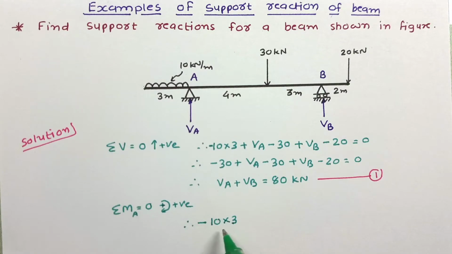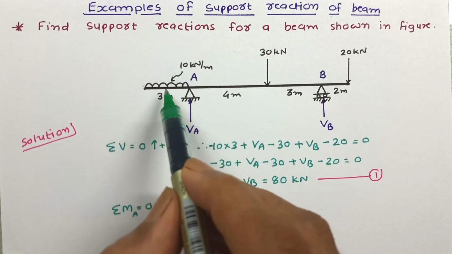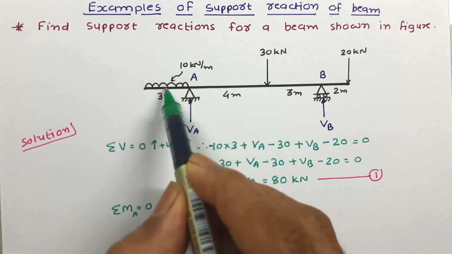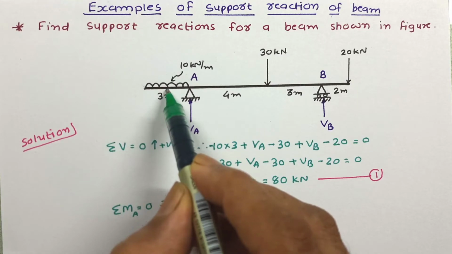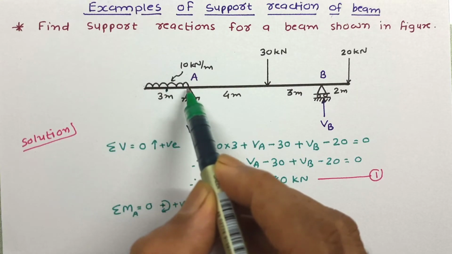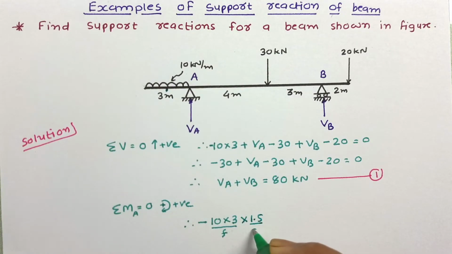This is the force component. We assume that UDL is concentrated at its centroid. So the distance between line of action of UDL and A is half of this distance, that is 1.5. So into distance, that is 1.5, this is the distance component.